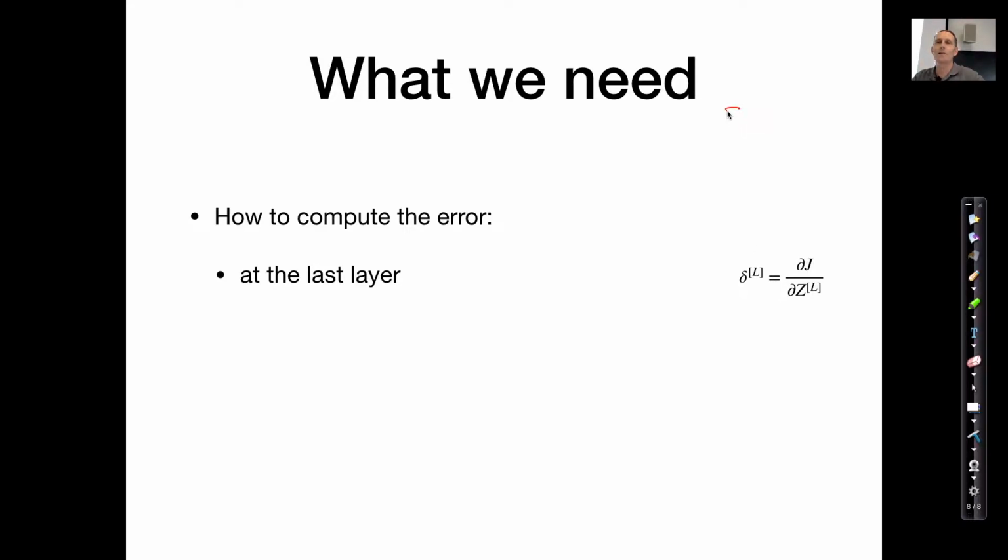What do the brackets mean? Yeah, last layer. So capital L means last layer, and the brackets mean whatever you're talking about is with respect to the last layer, or for the last layer. So delta sub L is the error of the loss function with respect to our weighted sum.